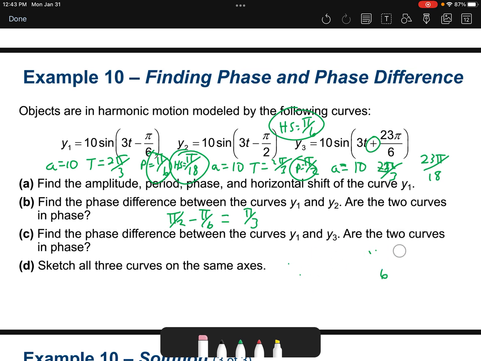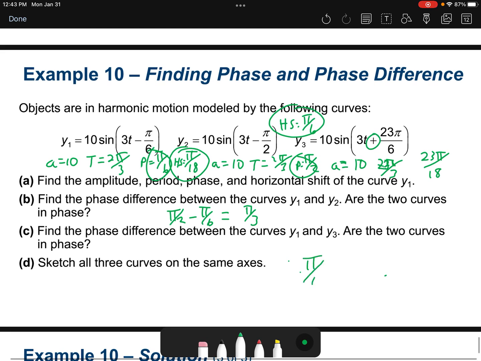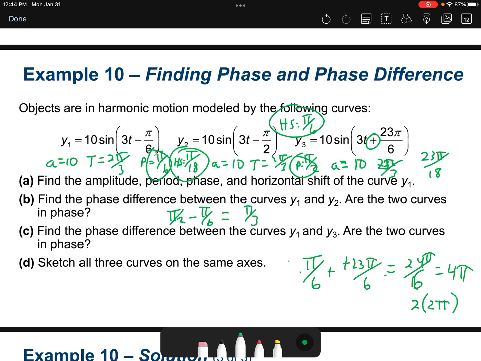Got to get my stuff together here. Hold on a second. So we would have pi over 6, y1 and y3, minus negative 23 pi over 6. There we go. So that's 24 pi over 6, which is 4 pi. There we go. So it's the same graph because 2 times 2 pi is the same.